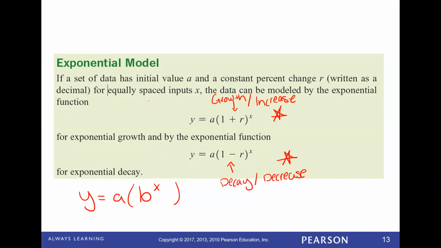Remember, I said it had about a decrease of about 22%. If I take 1 minus 22% as a decimal, which would be 0.22, that gave me 0.78.